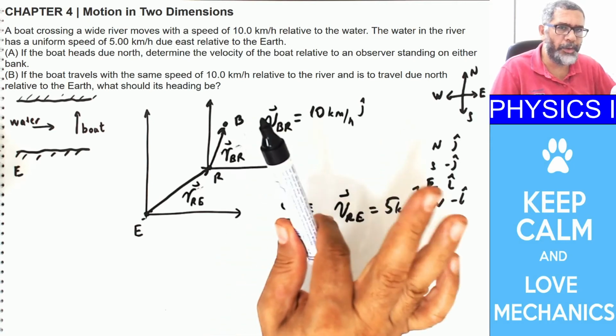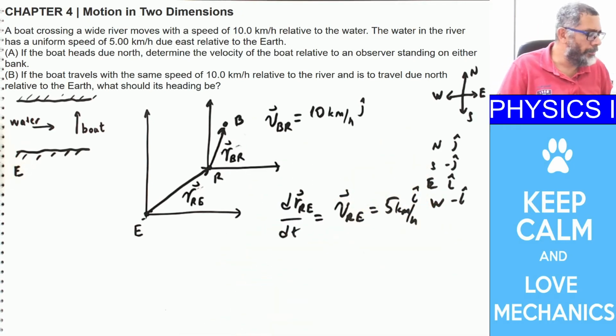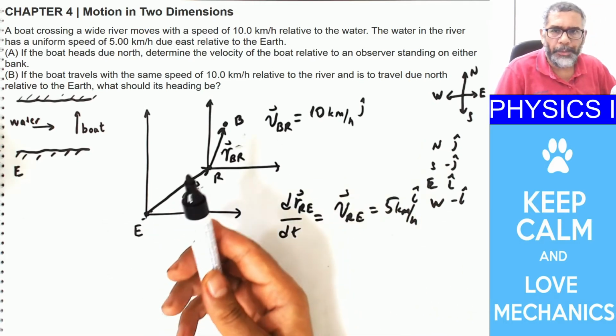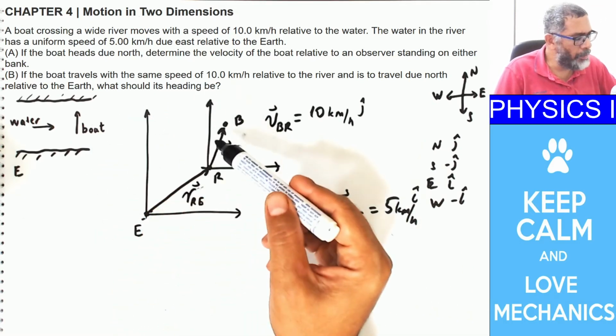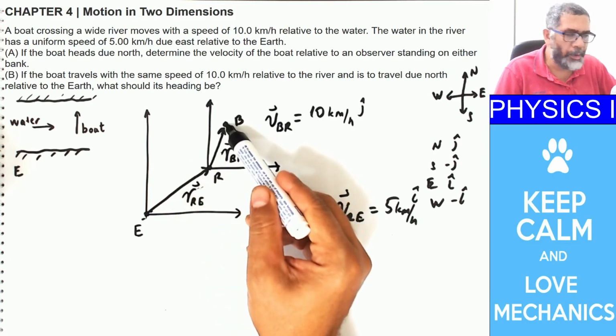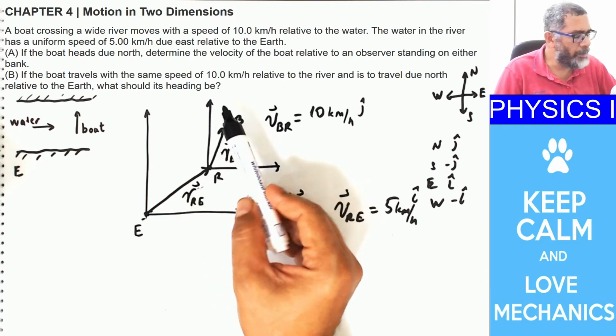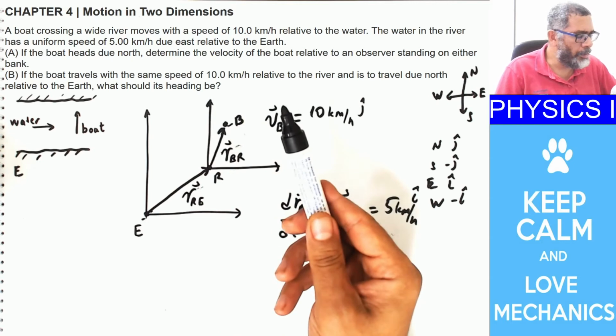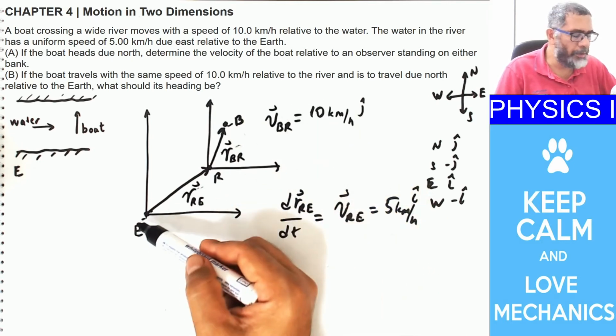So that part is crucial, and you have to figure it out in the problem. All right, so our problem is, what is going to be the velocity vector for this boat if it is heading up? What is going to be the direction of motion relative to earth?